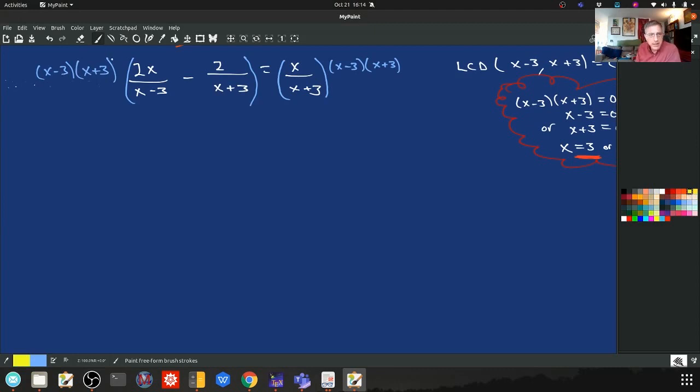Notice that the x minus 3 terms cancel. So I'm again just using distribution here. x minus 3, x plus 3 times this, and then times that. So I get 2x times x plus 3, because the x minus 3 terms canceled.